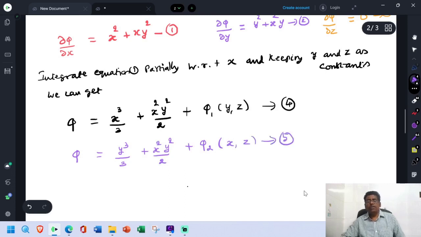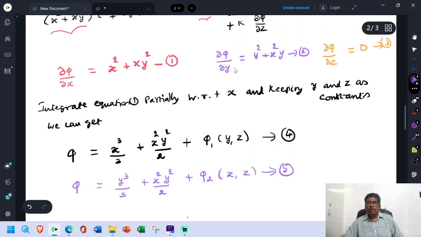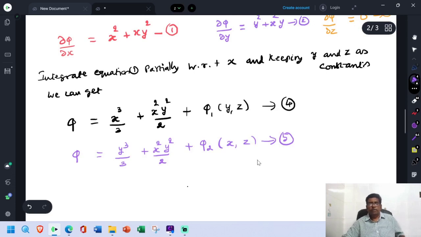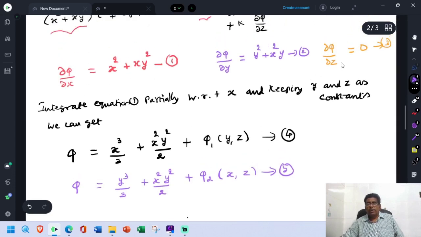This constant should be free from y. Just we have to integrate this equation with respect to y. φ equal to y cube by 3. Then x square is a constant plus x square. If we integrate y, we can get y square by 2.